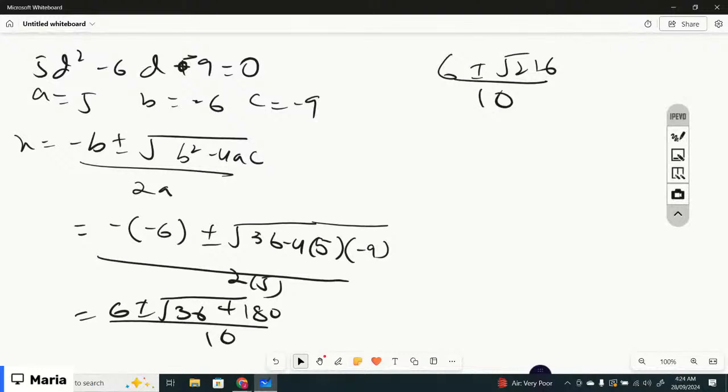So square root of 216, that is 14.6. So 6 plus 14.6 over 10, and 6 minus 14.6 over 10, right?